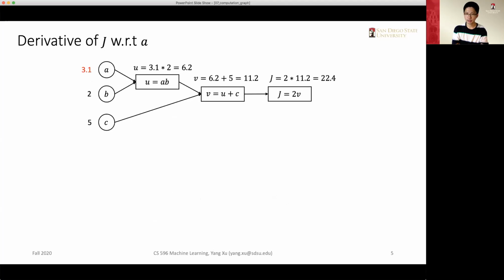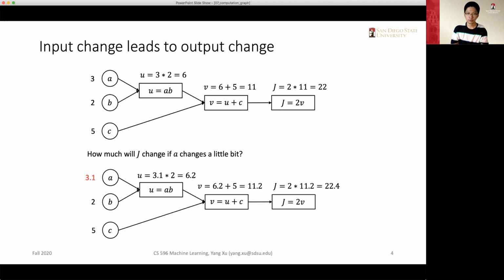And then we can compare the result of 22.4 with the original value, which is 22, right? So we can find that the change in j is 0.4, okay? And compared to the change in a, which is 0.1, if you take that ratio, which is 4, it basically tells us that if a changes by 1 unit, then j will change by 4 units.